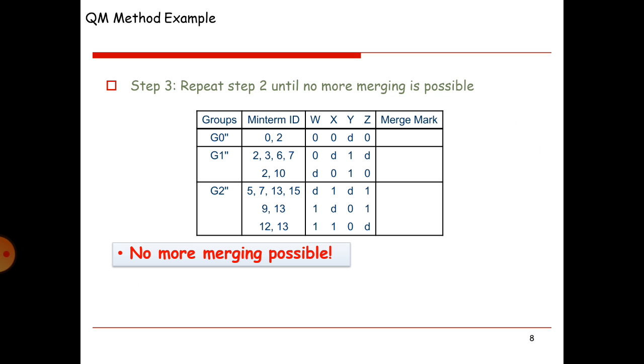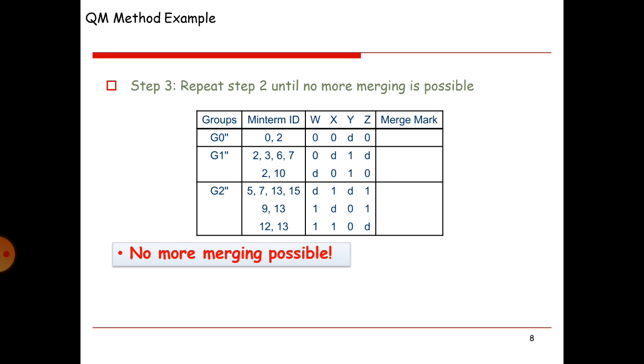So you have to take the last table: G0 double dash, G1 double dash, G2 double dash. G0 double dash means 0, 2 minterm ID. G1 double dash means 2, 3, 6, 7. G1 double dash means 2, 0.